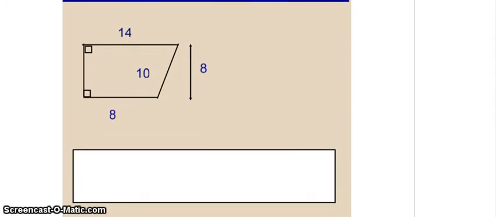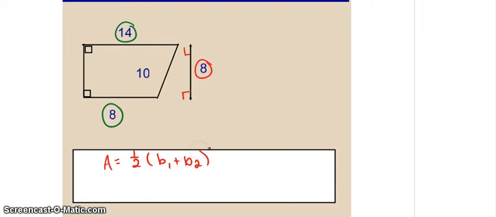So let's figure out how to find the area. So here's a random trapezoid. One of our bases is 14 and one of our bases is 8. It tells us that the length of this side is 10, but our height is actually going to be 8 because it's the perpendicular distance between the two bases. So the 10 is irrelevant information. So I'm going to use my formula. Area equals 1/2 the sum of the bases times the height, the perpendicular distance between the two bases.